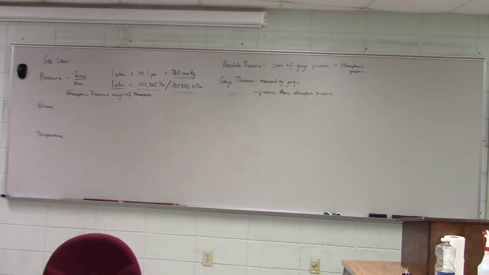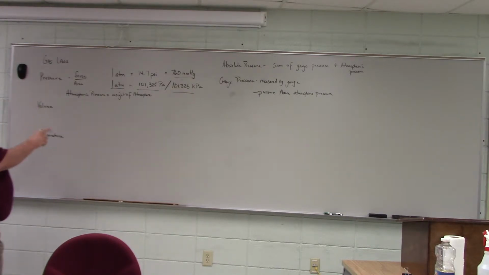If your car tire's aired up and it's got 35 psi of gauge pressure, the absolute pressure would be 35 psi plus 14.7 psi, which would be around 50 psi absolute pressure. So you've got to look at it in terms of the two types of pressure, okay?